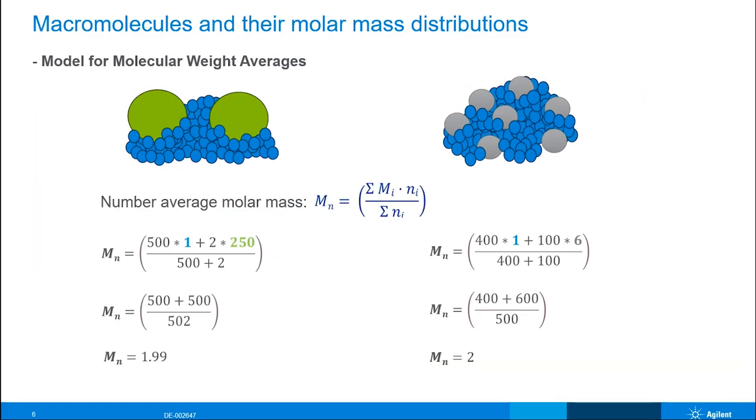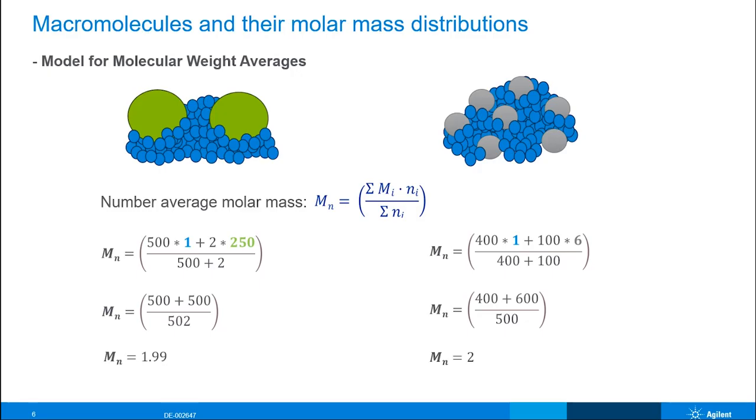The first of these properties we're going to take a look at is the number average molar mass, or Mn. Mn is the sum of all of the mass fractions multiplied by the number of molecules in these fractions divided by the sum of all of these molecules across the entire fraction range as well. The important takeaway from this slide is if we look at the pile on the left with the two really large marbles in there, we can see that having these in here leaves us with an Mn of 1.99.